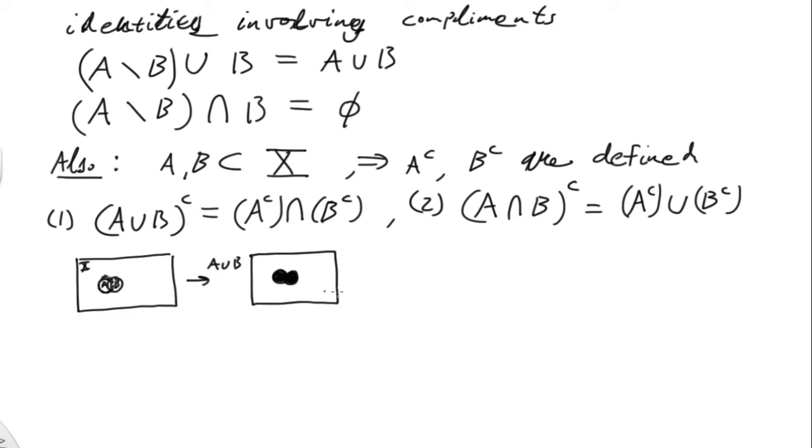Alright, and then what I'm going to do is I'm going to take the complement of that, which is take those two circles that are occluded, and again, the X is everything outside of that, and the complement of that, of course, is everything outside. Right, so this sort of works as a visual proof, just to build some intuition here. All right.